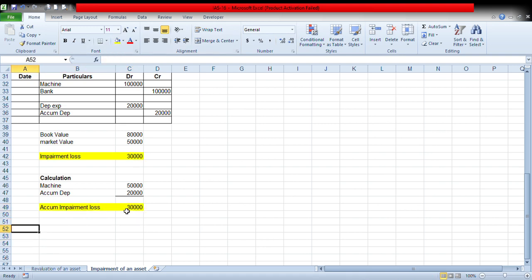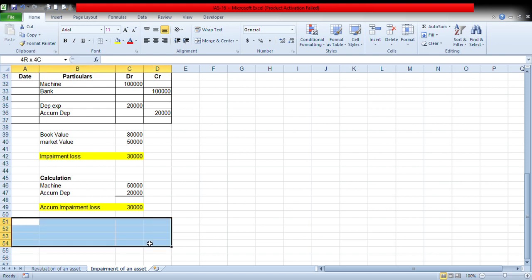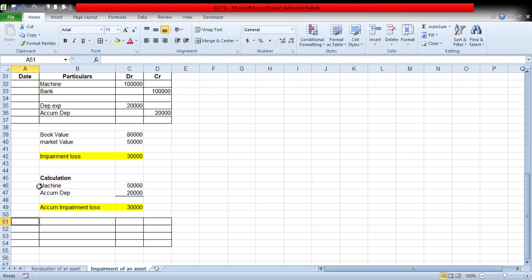Okay, so what we need to do, ladies and gentlemen, now we just need to pass the entry. Let's pass the entry. What is the entry?